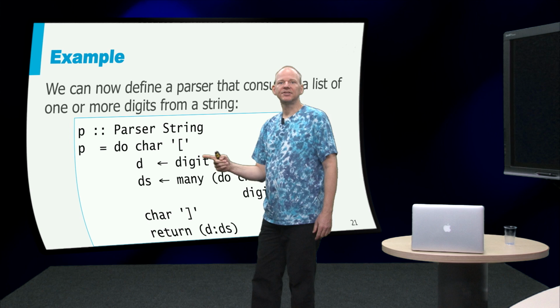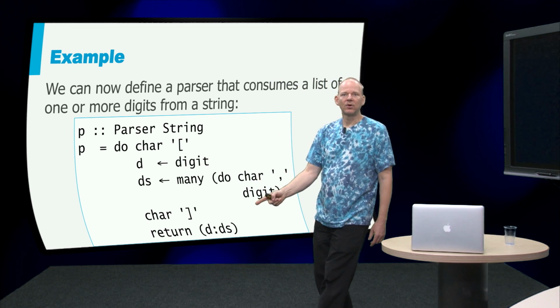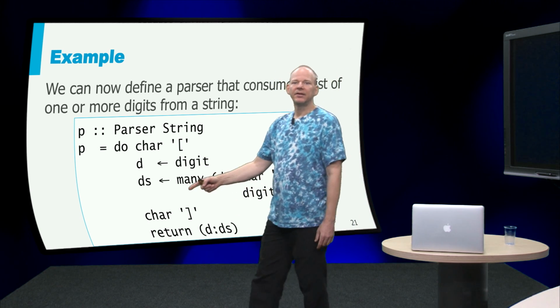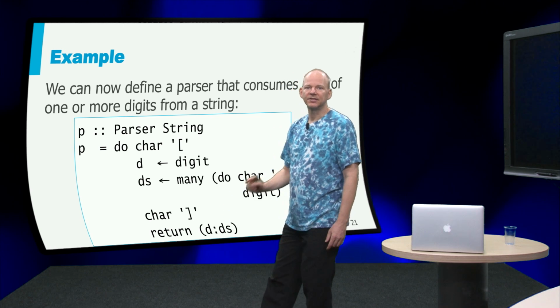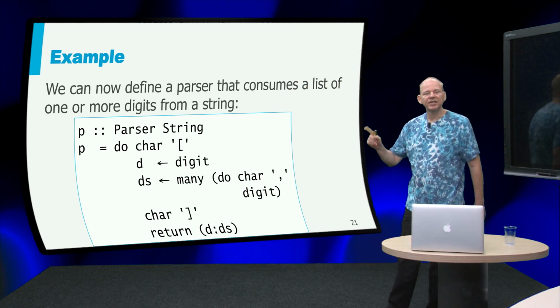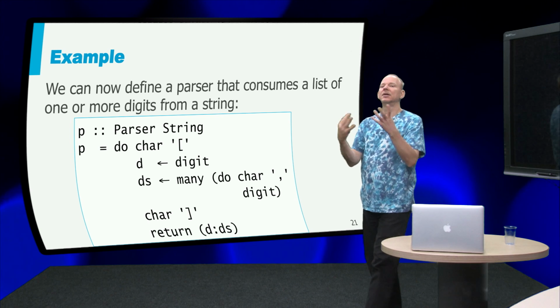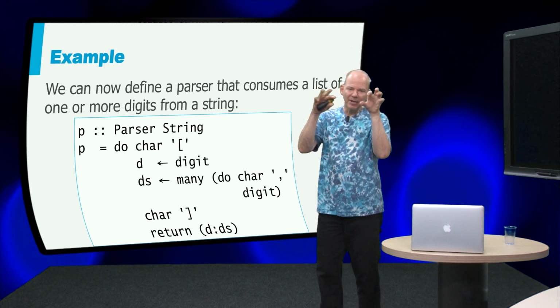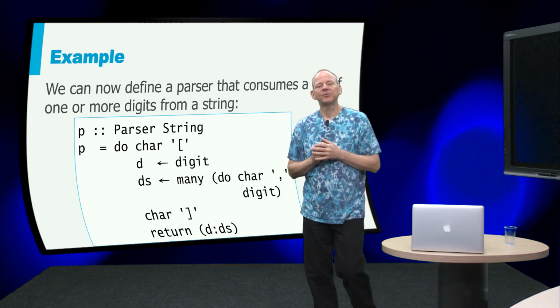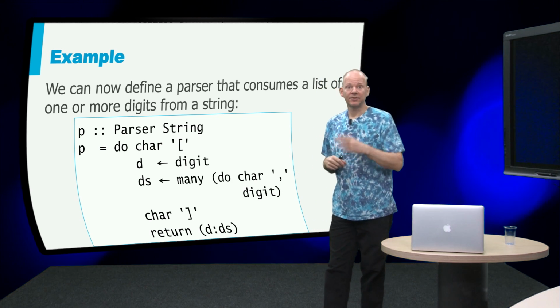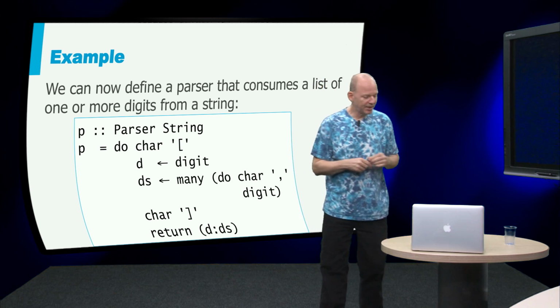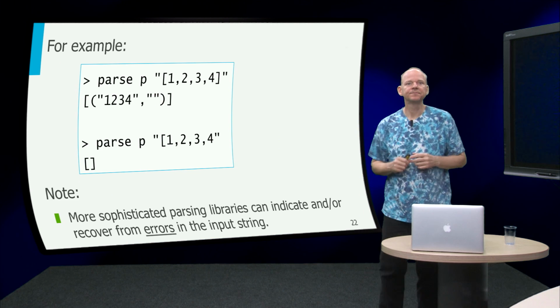So there's one digit, and then the more digits here, and then we just concatenate that digit with the other digits. So here you see how we can take all these elementary parsers and combine them together to write already pretty complicated parsers like this.